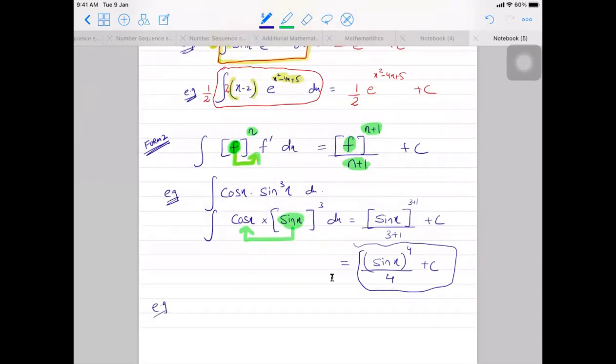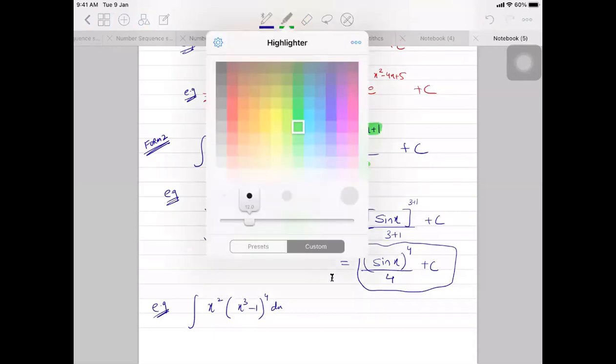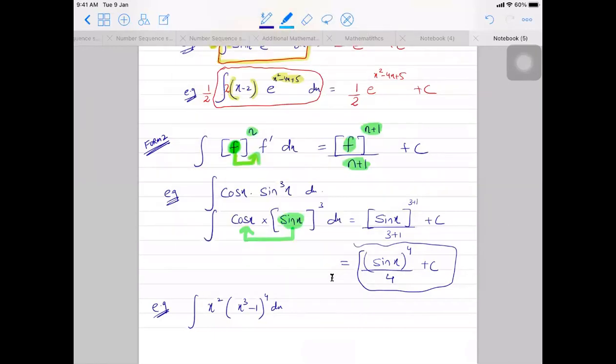Let's take another example. Integral of x squared times (x cubed minus 1) to the power of 4 dx. So we have a product form where (x cubed minus 1) to the power of 4 is being multiplied by x squared. So one thing is confirmed, it's a product form. Now I'm going to check, this function encapsulated in the bracket, I'm going to call this my function f. It is being raised to the power of 4.